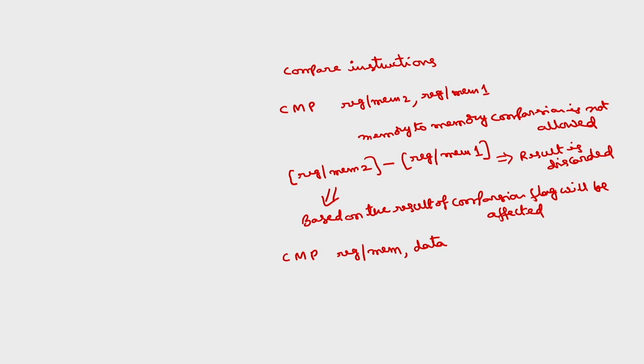Okay. The next group of instructions is branch instructions. If the microprocessor control transfers from one place to another place, then we have to write branch instructions. There are 2 types of branch instructions.